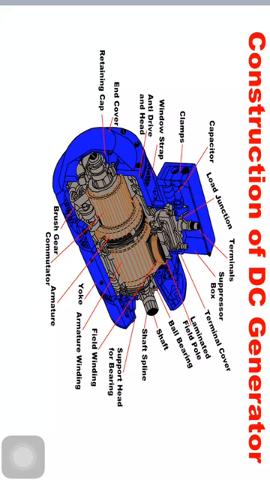Next one, window strap. The window strap is basically a net made up of iron and it is connected to the yoke, and it is used to provide an air gap to the DC generator for the purpose of cooling, and it provides a better temperature for cooling. So this is about shaft spline, clamps and window strap.